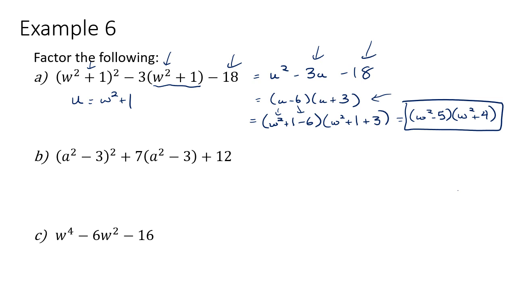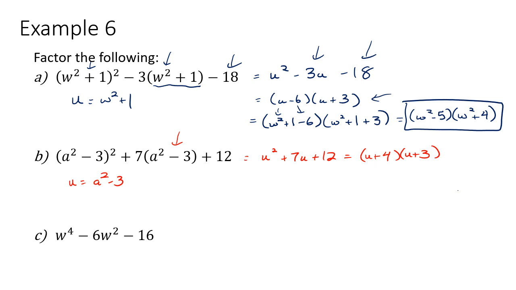Try taking a similar approach to part B and see if you can factor this polynomial completely. Pause the video here. Okay, again, this one is relatively easy to spot. We're going to let u be a squared minus 3. So this becomes u squared plus 7u plus 12, which factors into u plus 4 times u plus 3.